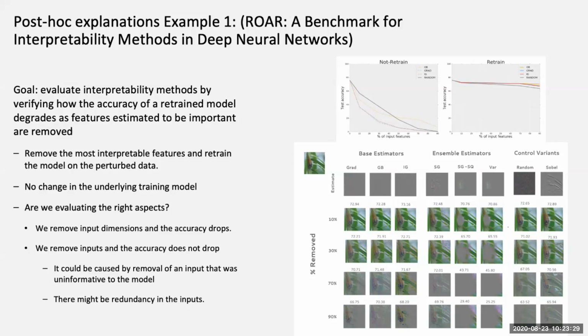of explanations. So the first method we are describing here is called ROAD, and it's a benchmarking framework using deep neural network. So the way it works is intuitively very simple.